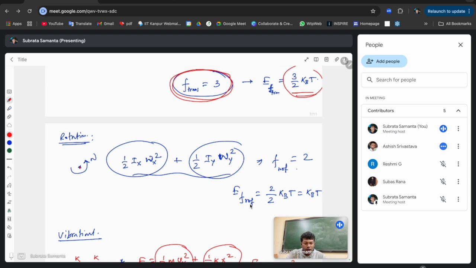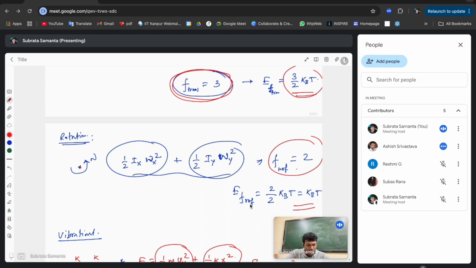And this is also half Iy omega y squared, where I is the moment of inertia and omega is the angular velocity, right? So this is 2 degrees of freedom for rotation, and again quadratic in omega x and omega y, so they share half kT each. So the total energy is kT, right? Up to this point is clear.